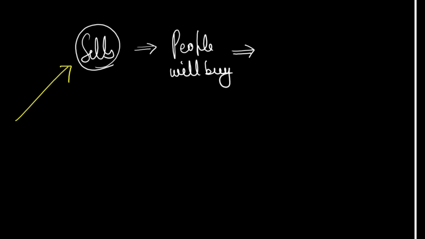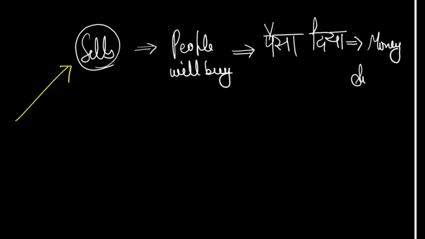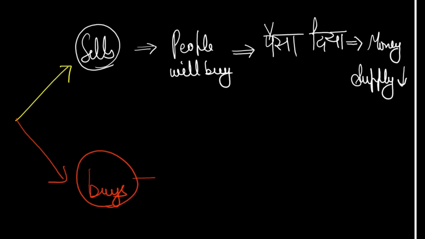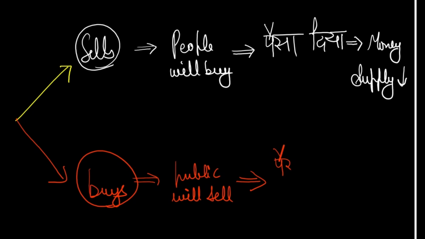It means public gave money. This means money supply has been decreased as there will be less money than before. So, if RBI buys government securities, what it means? Public will sell government securities. It means public will get money.